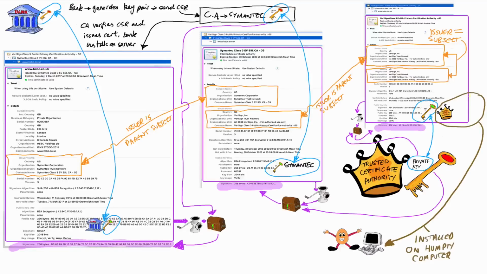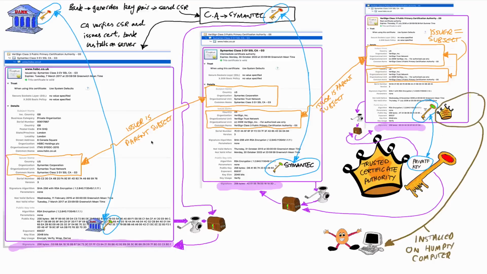What that means is that it proves to Symantec that the public key in the CSR was owned by the people who actually signed the request, i.e., who sent the request, right? That's a very similar scenario to the actual certificate chain validation that goes on later in the video.